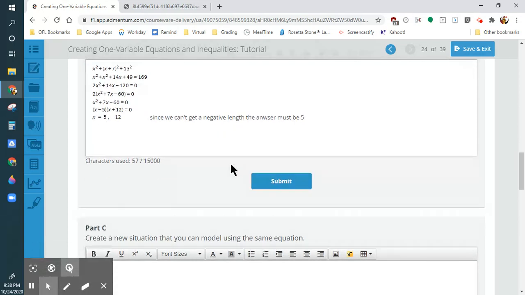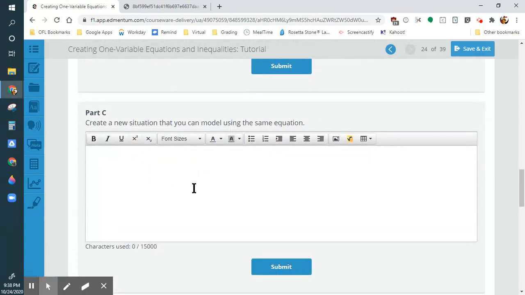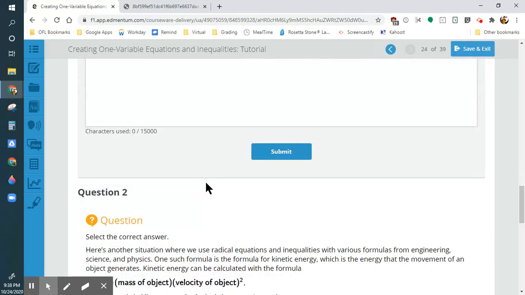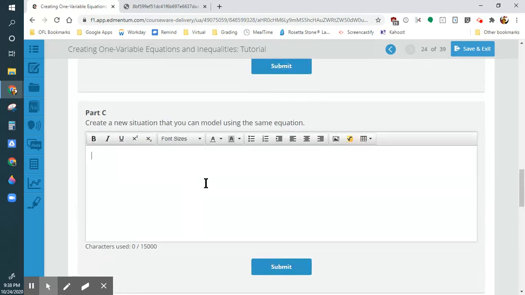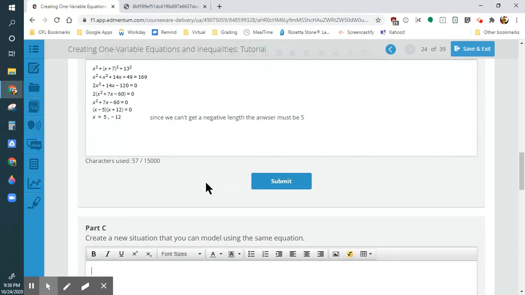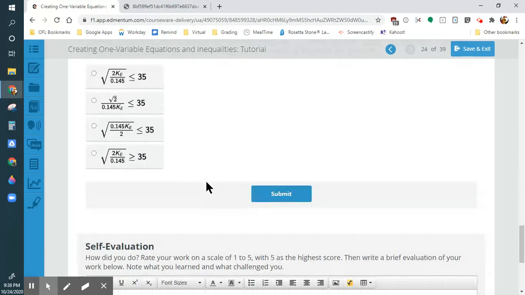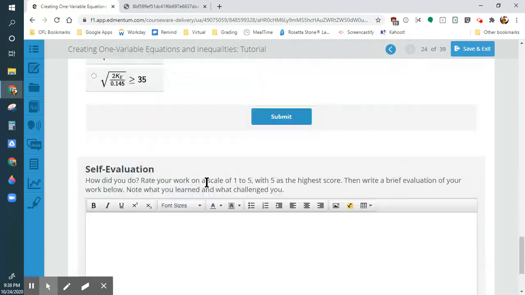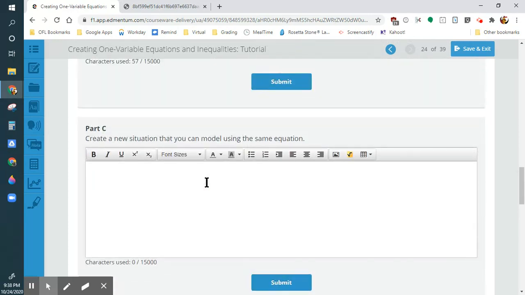All right. So what we're going to do here is create a new situation using the same model. Actually, guys, okay, it's not that far. So create a new situation using the same model. I'm gonna make this easy.